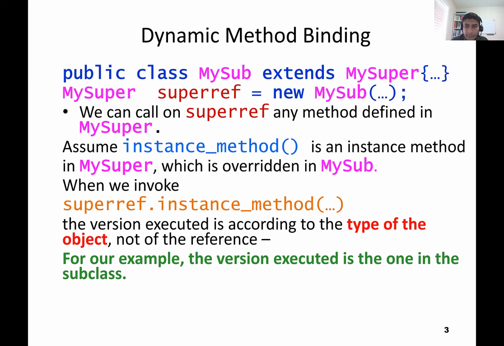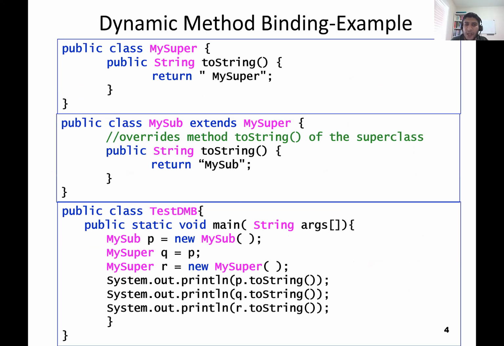I will jump directly to an example to explain the idea. Assume I have two toString methods similar to what we had before: one at the parent or superclass, and one at the child class, or what we call the subclass. Then inside the main, I'll play around with all these kinds of objects that we had discussed.